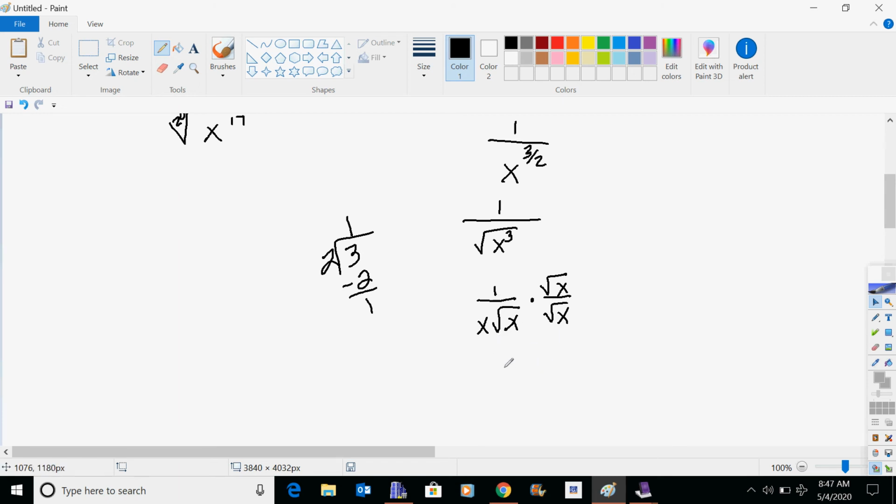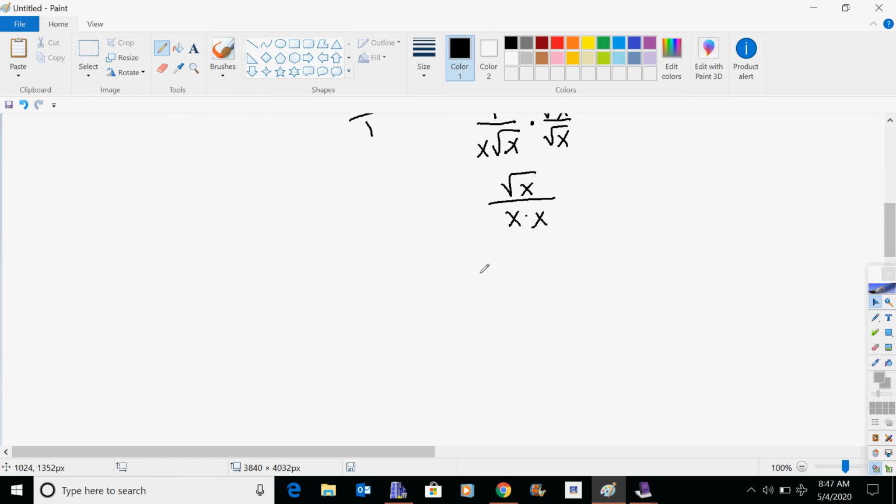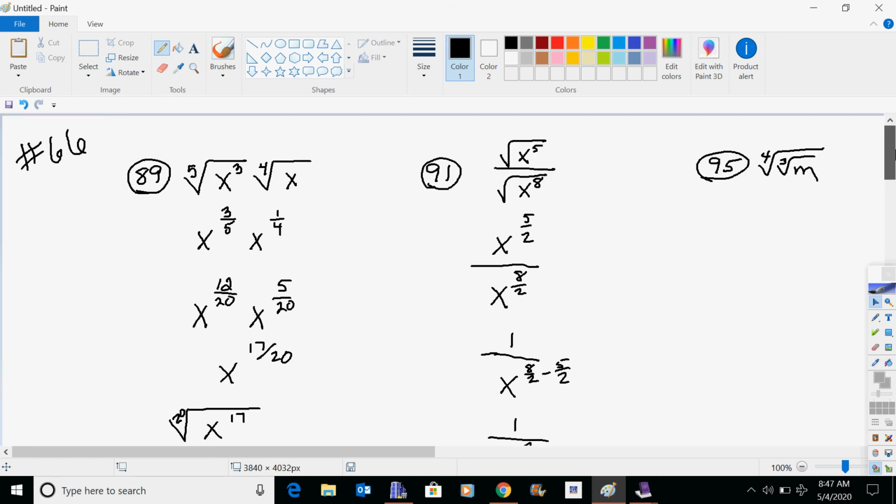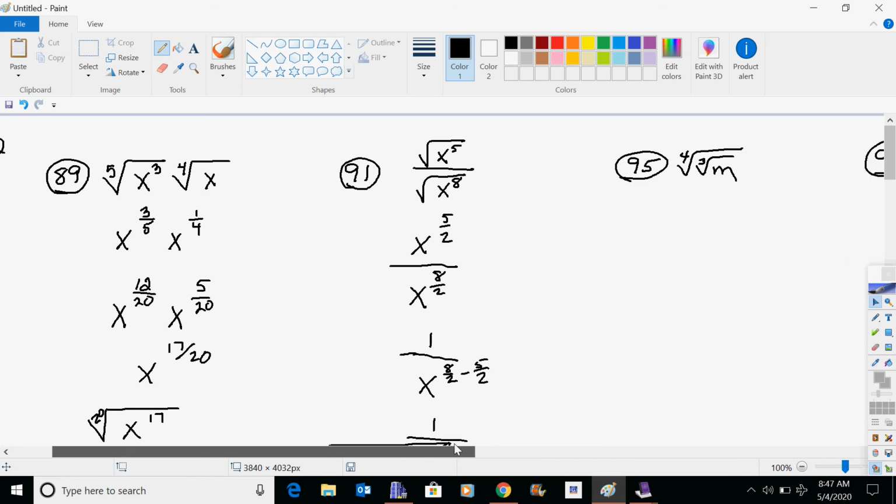And this gives me x times the square root of x in the numerator, and then in the denominator I get an x times another x. So your fully simplified form for this one is the square root of x over x squared. That one has those little tricks in it, so just be careful on that. When you've got fractions, there's sometimes some hidden things.